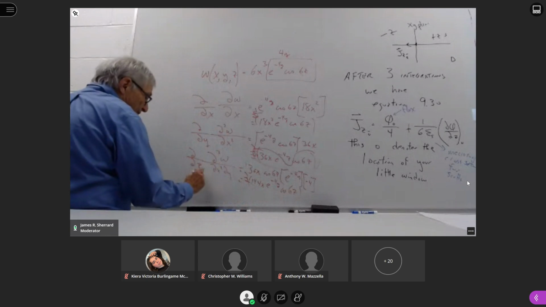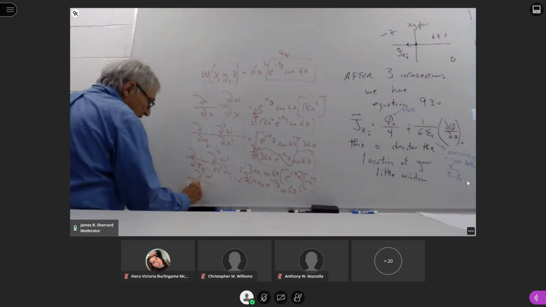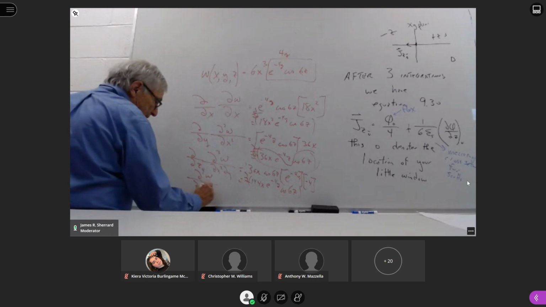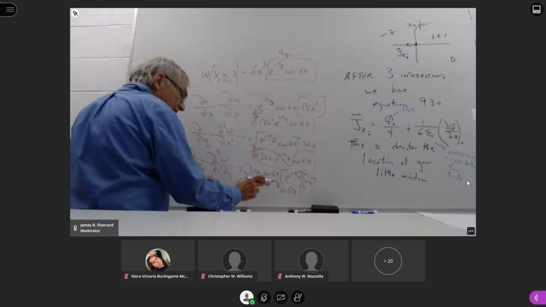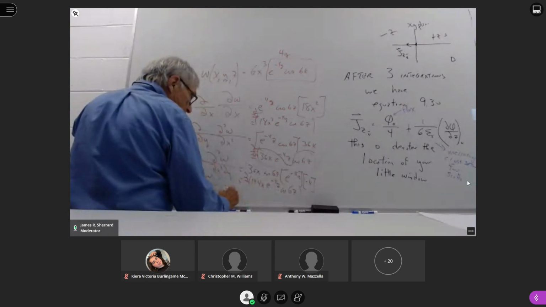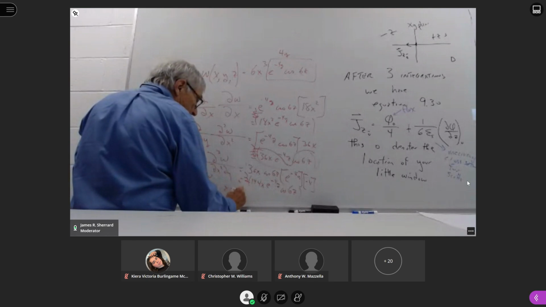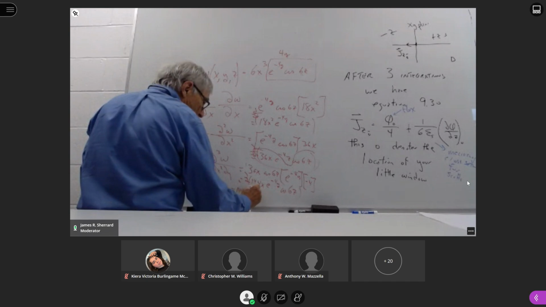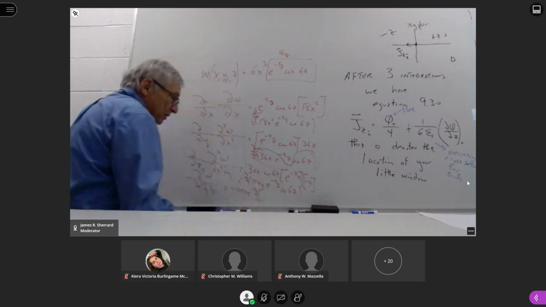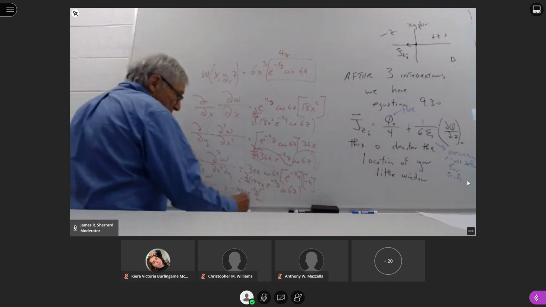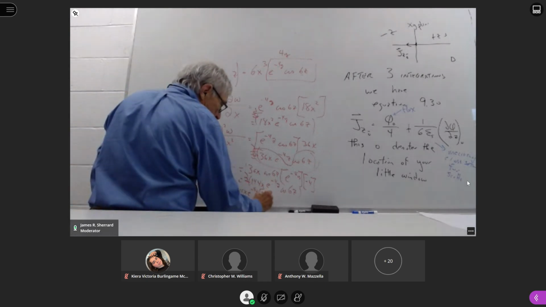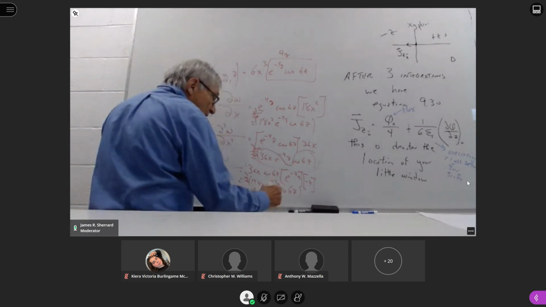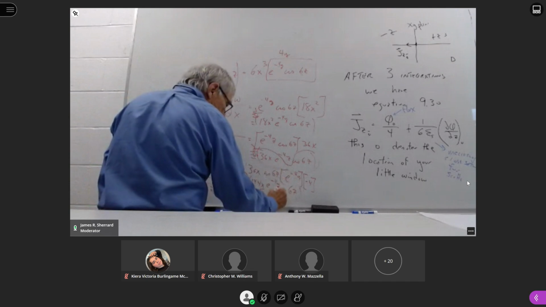then this would be d4w over dx2 dy dz. Again, we keep everything that's not z the same, so this would be minus 144x e to the minus 4y. And then we differentiate that, which is minus the sine of 6z times what's inside, which is 6.